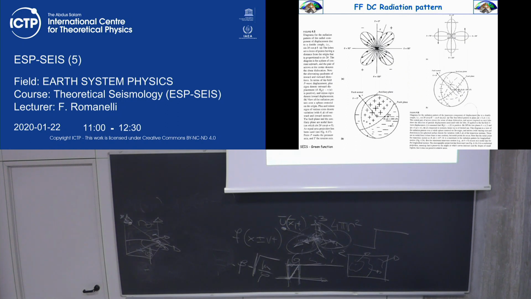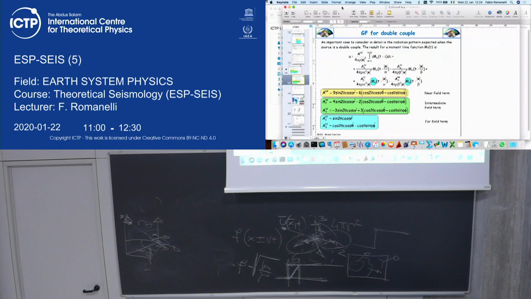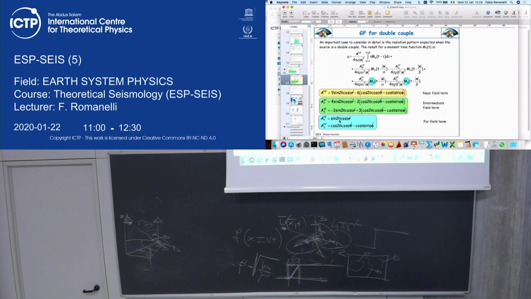And the radiation pattern for P waves, it will be like that. It has 4 lobes. It's due to the sines and cosines that you have seen before. Sorry, let me go back. These two. You see?